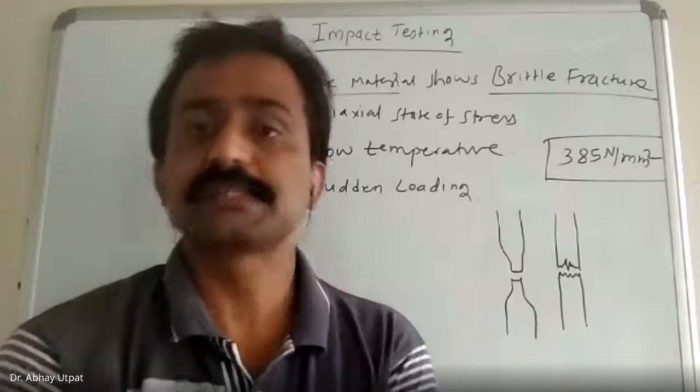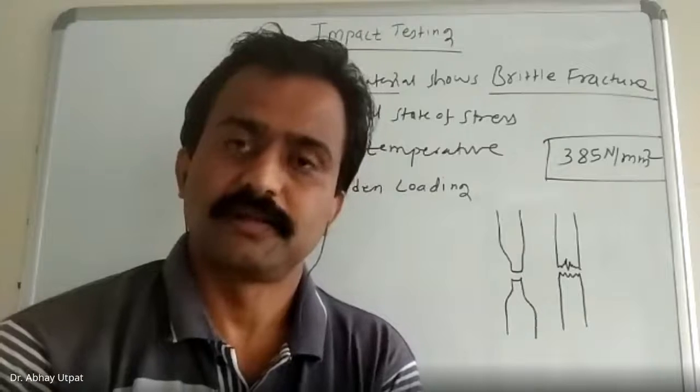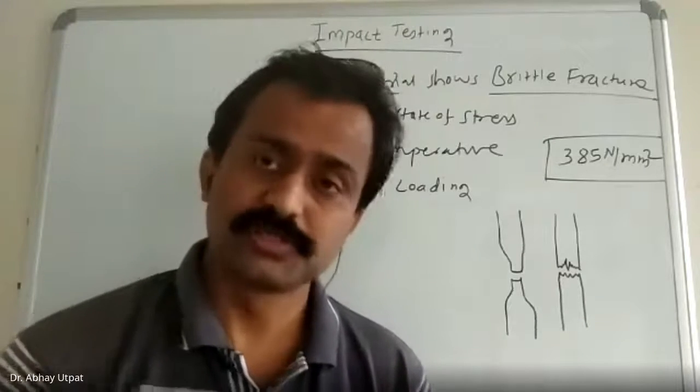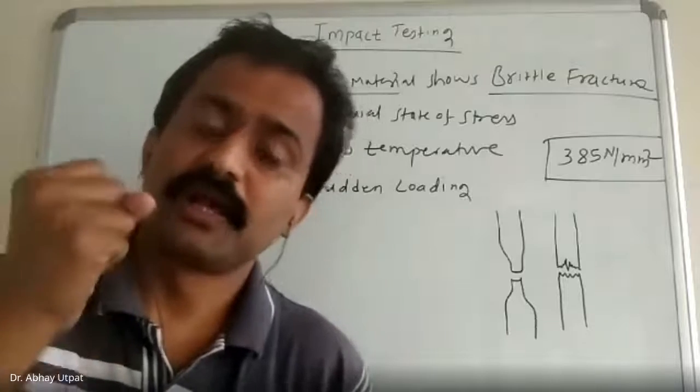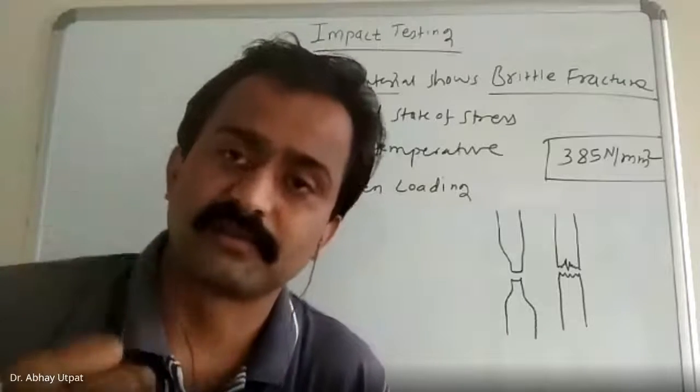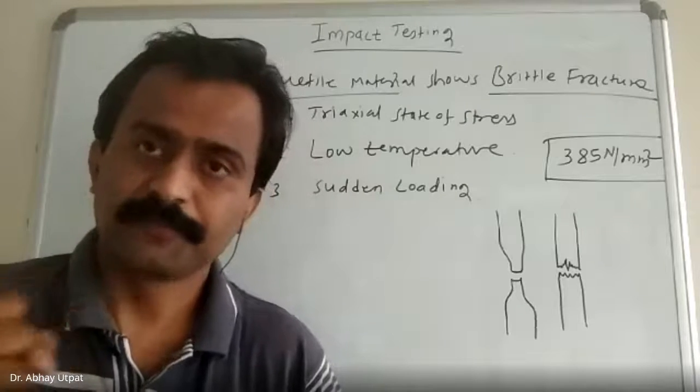Definition of toughness is energy absorbed prior to fracture. So such components which are used in the low temperature area must be with good impact strength so that they can sustain the shocks. Okay?